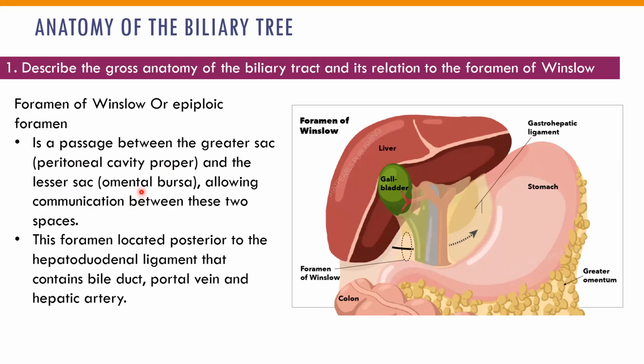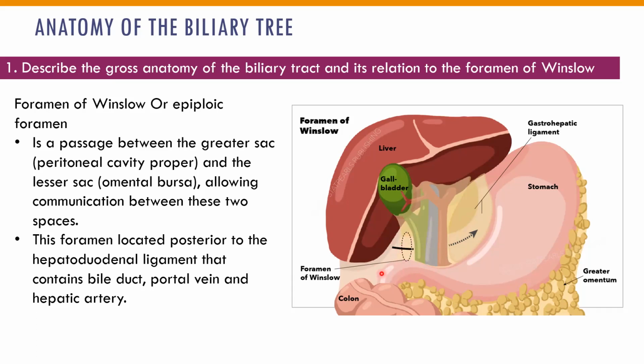We learn this more in the abdomen, peritoneum and cavity topic. It allows communication between these two spaces. This is the lesser sac, and this is the greater sac. The foramen of Winslow is connecting these two sacs.